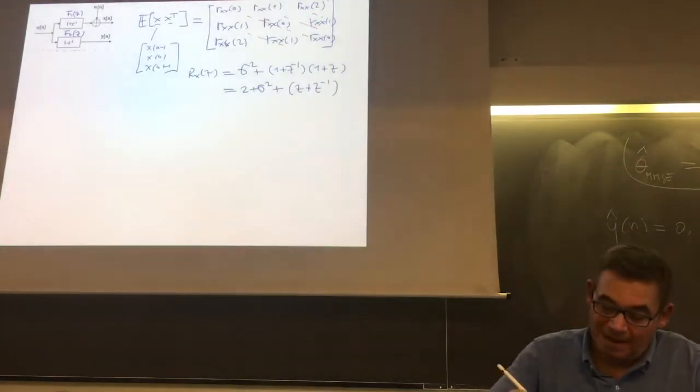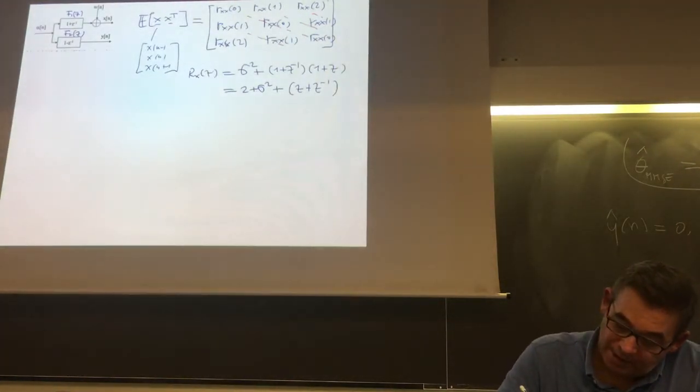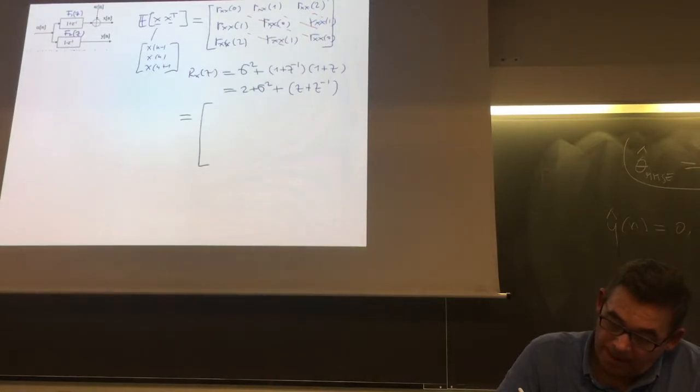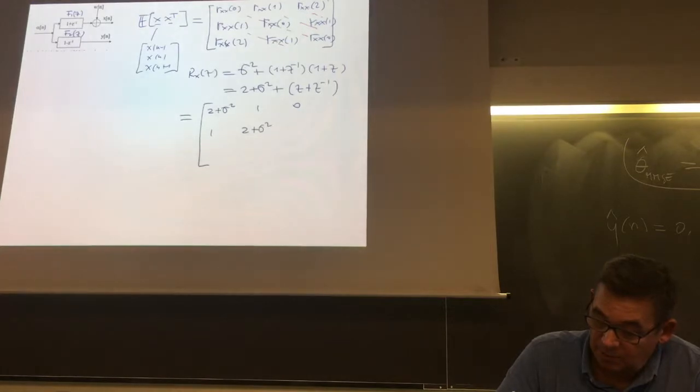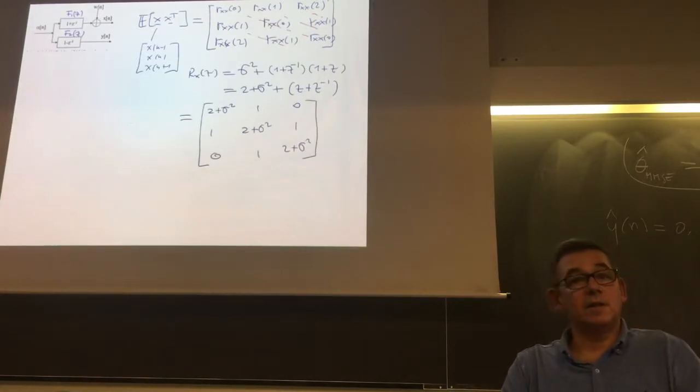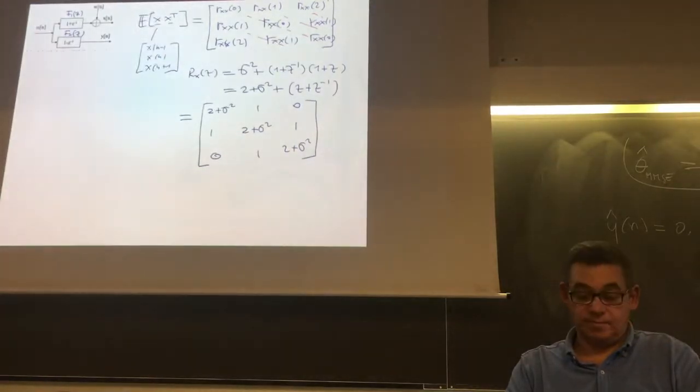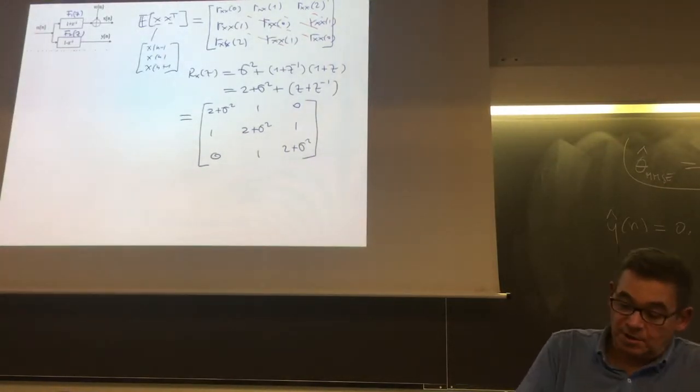So that means my matrix is simple: 2 plus sigma w, 1, 0; 1, 2 plus sigma w, 1; 0, 1, 2 plus sigma w. That's the matrix Rx. It's a Toeplitz structure.